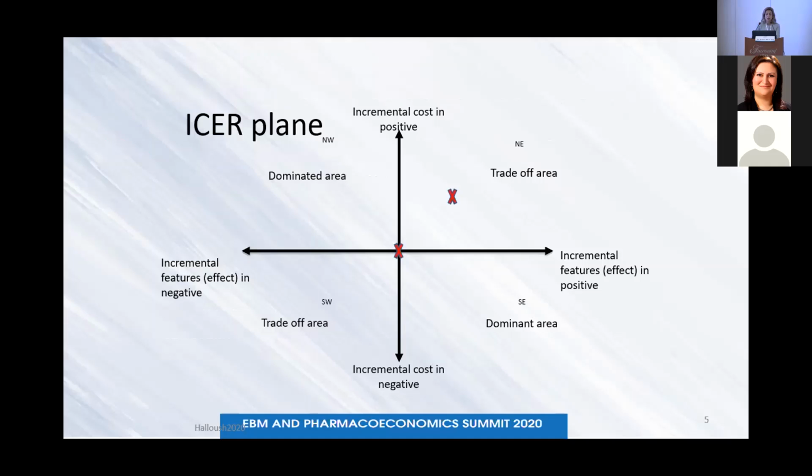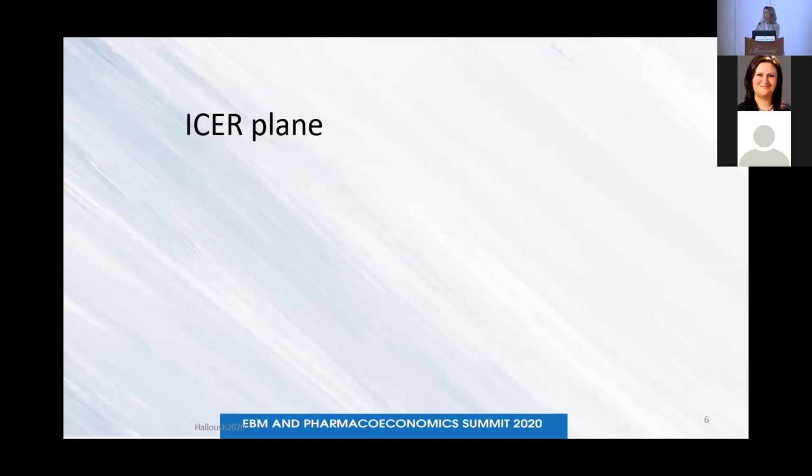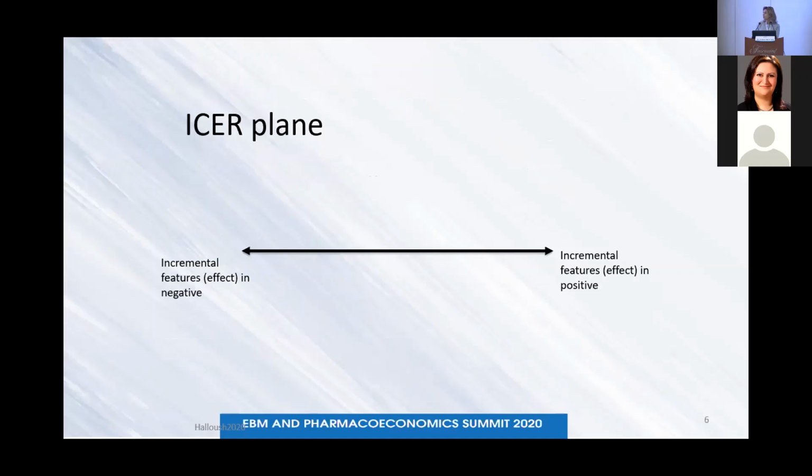The cost effectiveness plane can be helpful in interpreting the cost effectiveness analysis. And this plane consists of the incremental effect on the x-axis, that is the difference in effect between two medications, and the incremental cost on the y-axis.